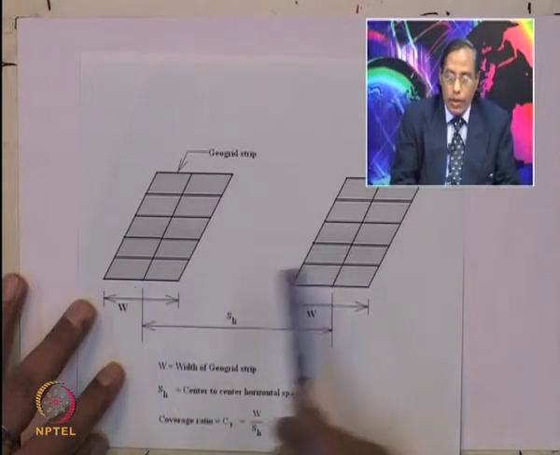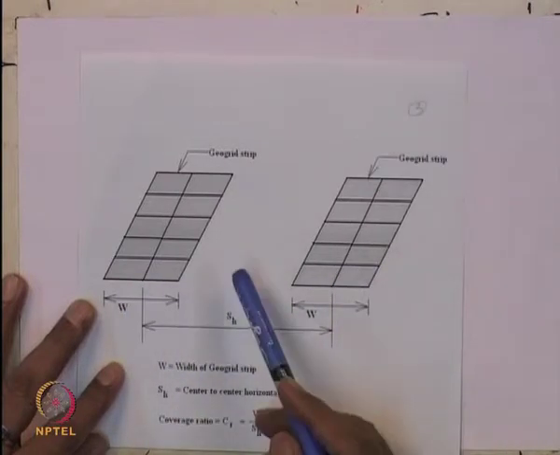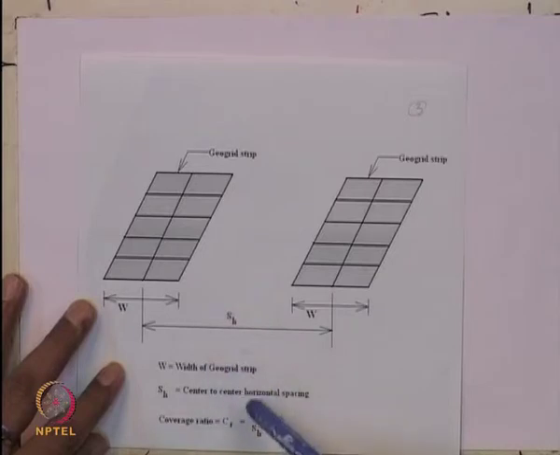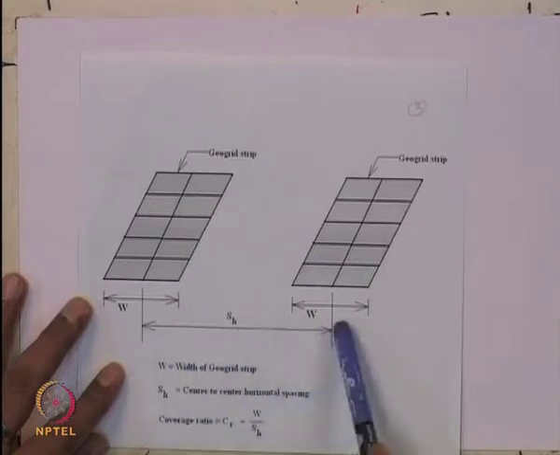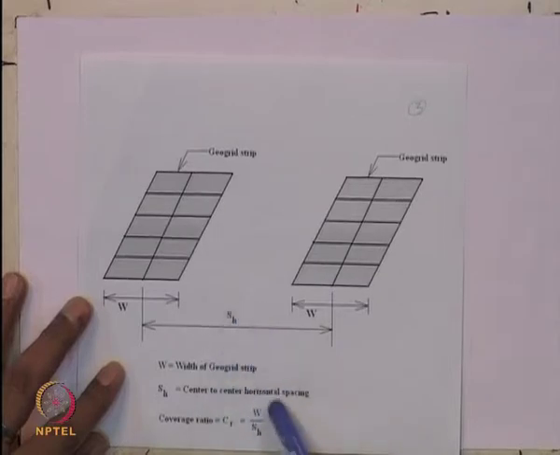So the coverage ratio, this is important. The coverage ratio, which is designated as CR, is equal to the width of the geogrid W divided by the center to center horizontal spacing SH. So coverage ratio CR is equal to W divided by SH.